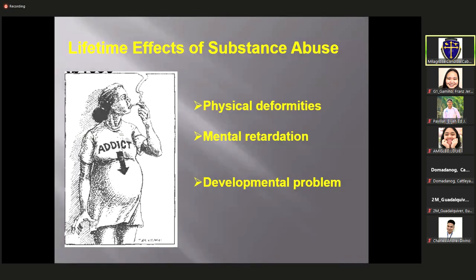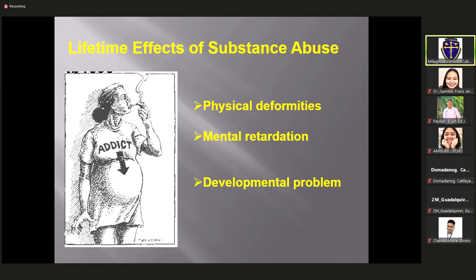Okay, lifetime effects of substance abuse. So this can cause physical deformities, lalo na if you are very abusive, you are taking a lot or you have a lot of vices during pregnancy. Tapos natutunong pag yun sa development stage ng baby, which is the first trimester. So minsan nakukulangan ng fingers, kamay, walang ilong, walang tenga, yung mga babies, no?